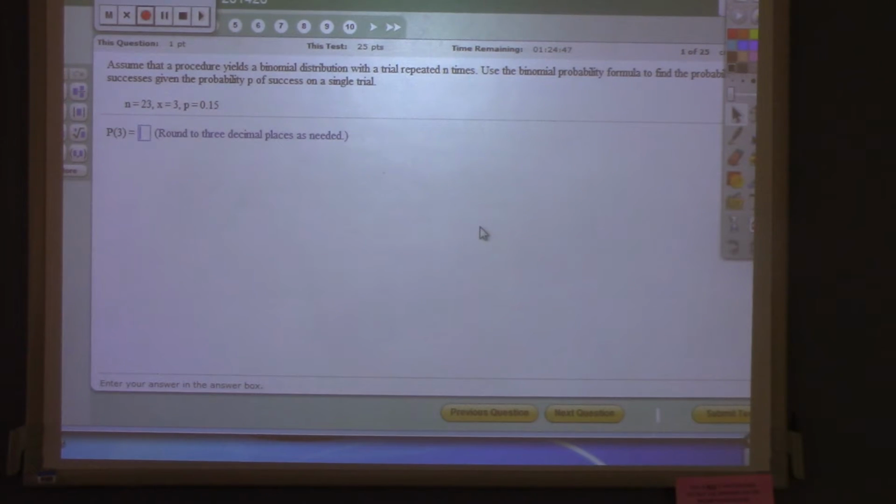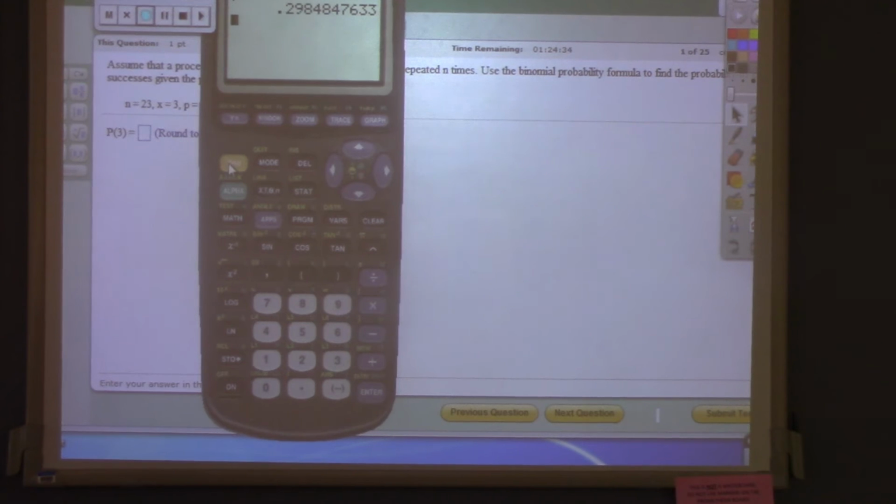Oh, look at there. They put them right back to back. Thank you. Not supposed to do that. N, P, and X: 23, 0.15, and 3. So you take your handy dandy calculator. All right, save yourself some time. Second, and hit the negative symbol.